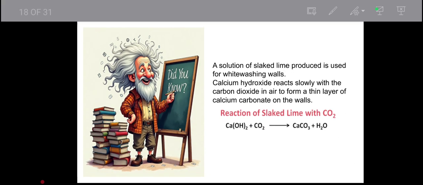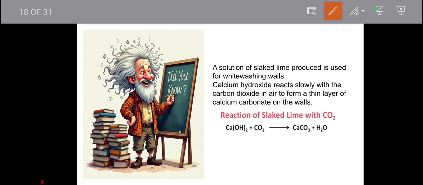Once whitewashing is done, what we can see is this calcium hydroxide, which we have applied on the wall, will be reacting slowly with the carbon dioxide. In air, there is plenty of carbon dioxide. So this calcium hydroxide will be reacting slowly with carbon dioxide which is present in the air. As a result, a thin layer of calcium carbonate is formed on the wall.